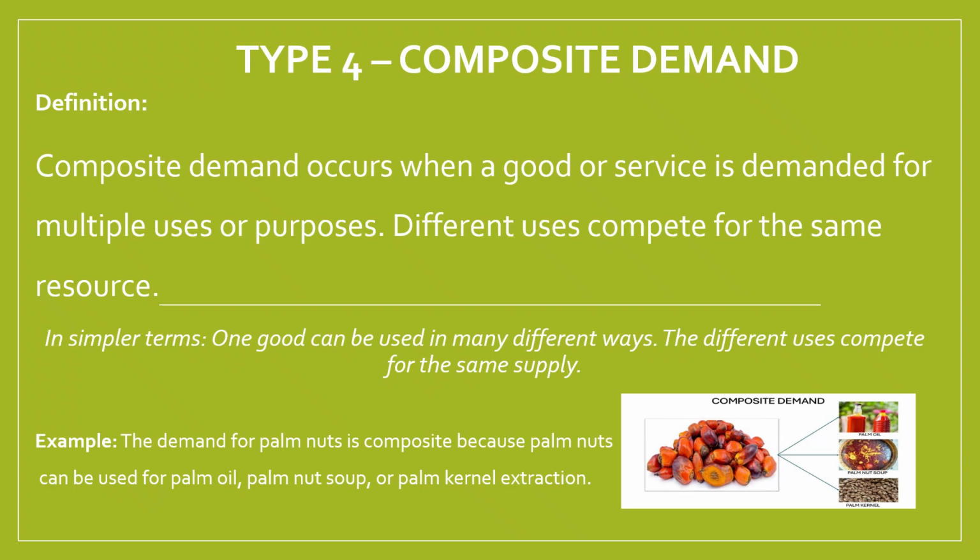Finally, let's explore the fourth type of demand, composite demand. Composite demand occurs when a good or service is demanded for multiple uses or purposes. Different uses compete for the same resource.